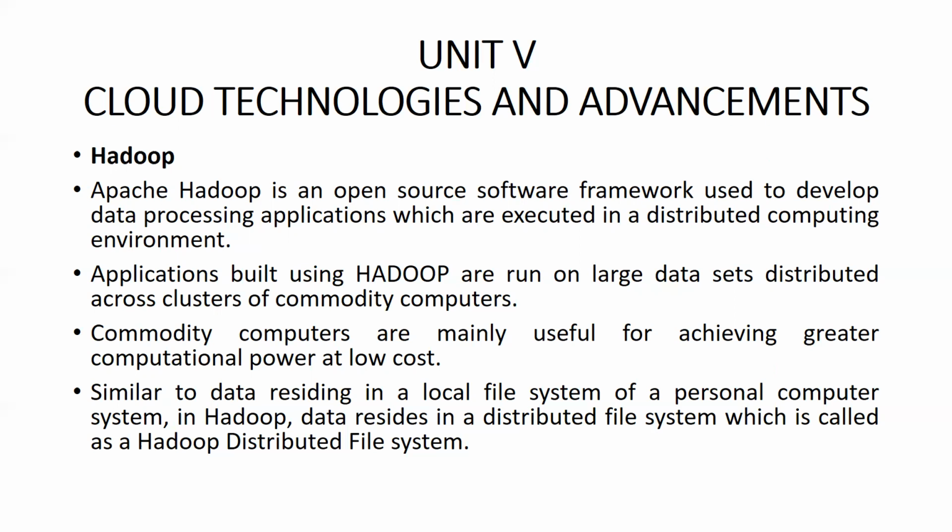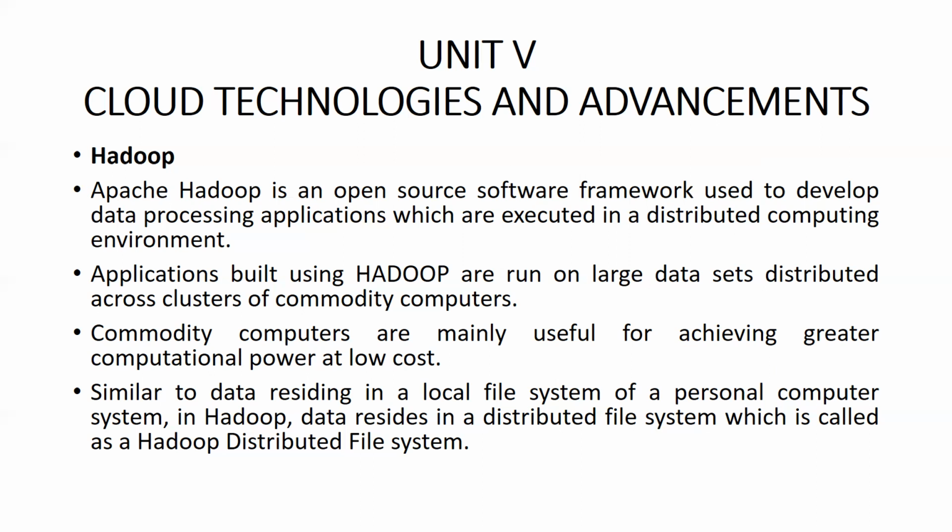The data residing in the local file system of a personal computer system; in Hadoop, data resides in a distributed file system, which is called the Hadoop Distributed File System. Actually, Apache Hadoop is a collection of open source software utilities that facilitates using a network of many computers.